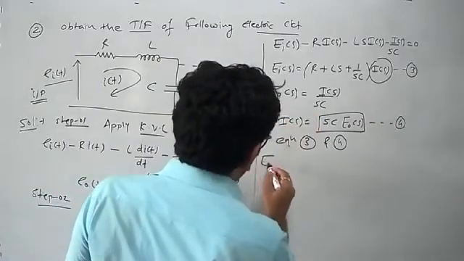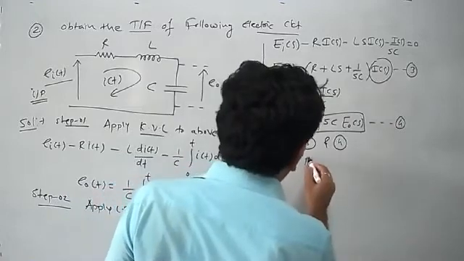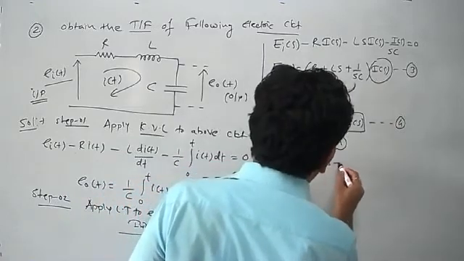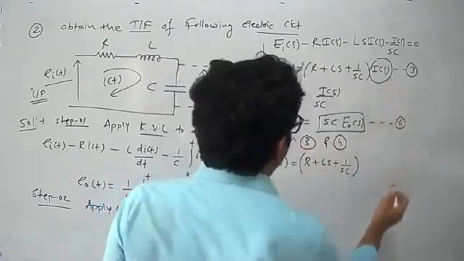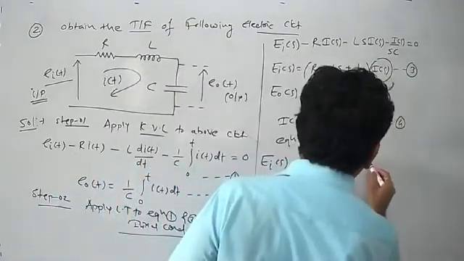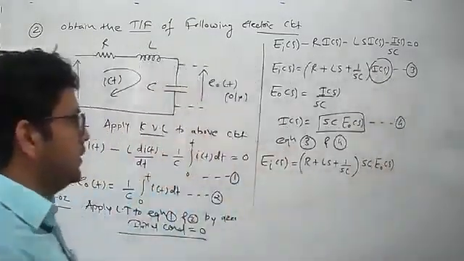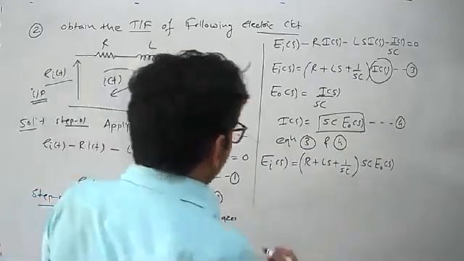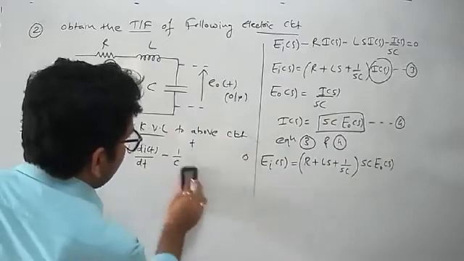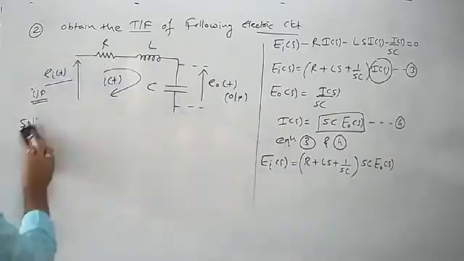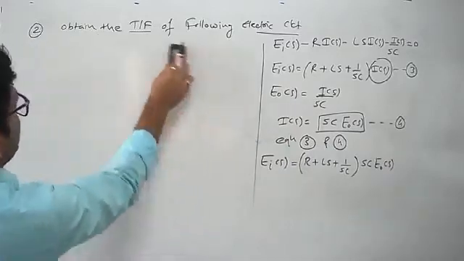So here I can write this Ei(s), which is nothing but capital R plus LS plus 1 upon S into C multiplied by I(s), but I(s) is nothing but S into C into E naught of S. Now if you rearrange the terms and finally calculate the ratio of output by input, we will get the actual transfer function of our series RLC circuit.